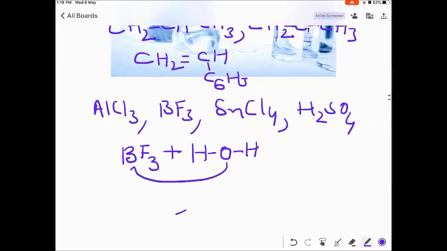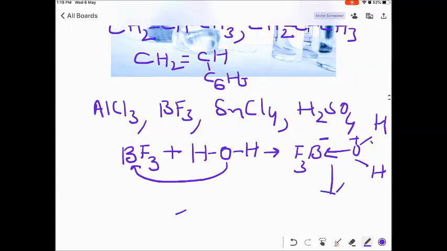Water will donate its electrons to BF3, so we will get, okay, let us write it another way. We have got boron trifluoride, and water has donated electrons, so oxygen acquires a positive charge and boron acquires a negative charge.